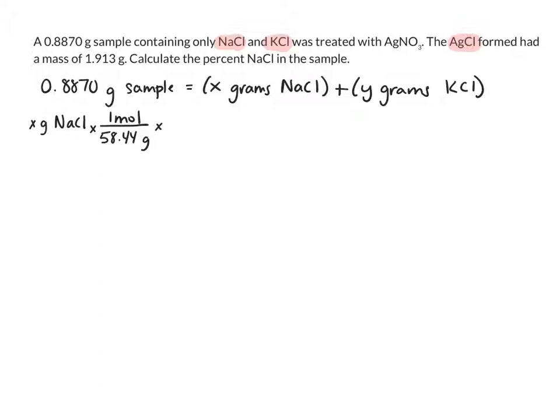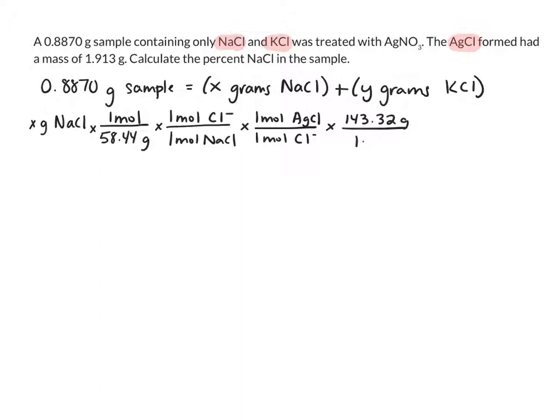Now I'm going to say 1 mole of sodium chloride gives me 1 mole of my chlorine ions, and 1 mole of my chlorine ions gives me 1 mole of silver chloride. And now I'm going to go to mass. So the molar mass is 143.32 grams per 1 mole.